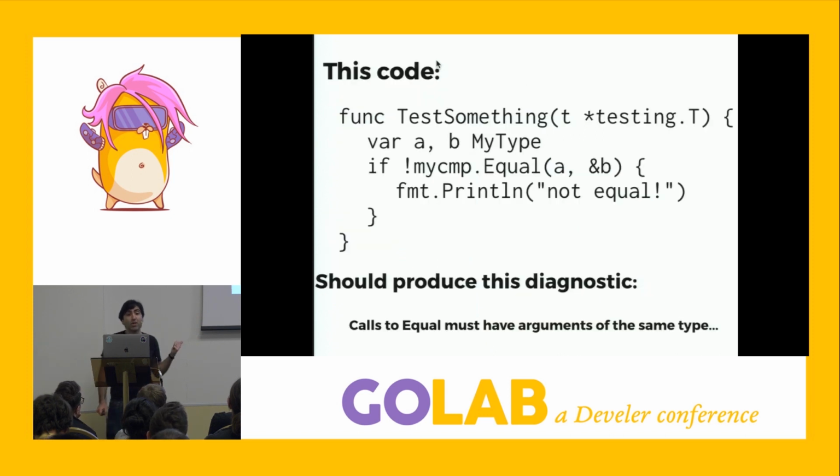Then when I call this function, test something with myComp.equals with A and B, whose types are not the same, it will produce this diagnostic, the same way that it did earlier when we were calling the real comp.equal. So that's what we're going to use facts for.